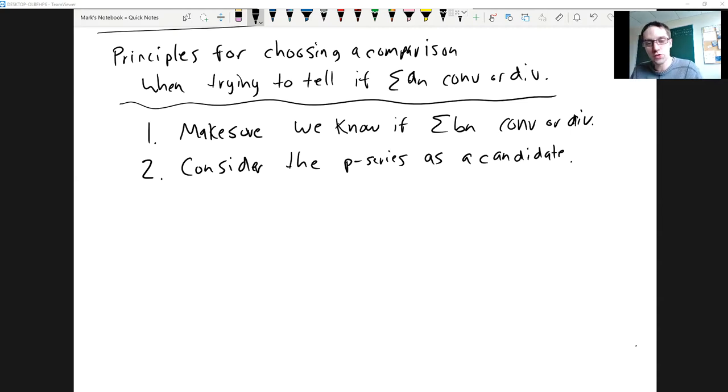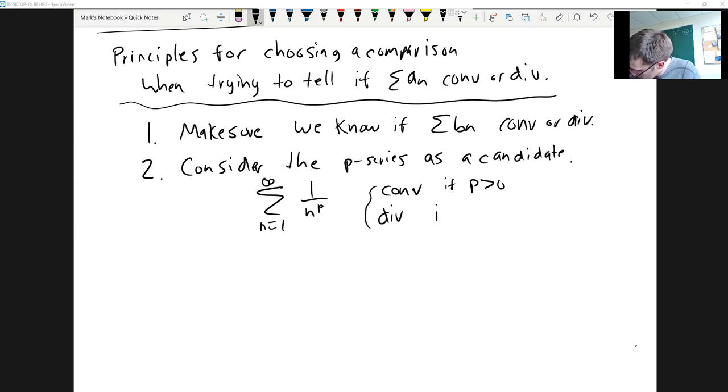So related to that first one, a type of series where we know the answer right off the bat is if you have the sum from n equals 1 to infinity of 1 over n to the p, we know that this converges if p is greater than 1, and it diverges if p is less than or equal to 1. That's something that we proved in a previous video, and so that gives you a whole bunch of different candidates to try, and often that will be sufficient for quite a variety of different comparison problems.